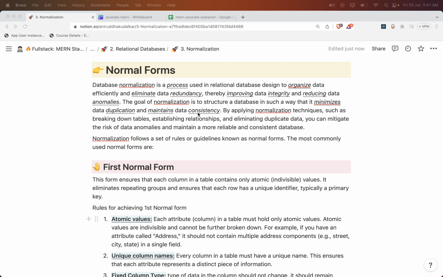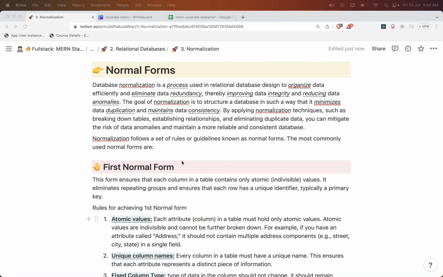And how to do all these things? If you want to do all these things, you need to understand what the normal forms are. There are 4 basic normal forms, and on top of that, many have been added.